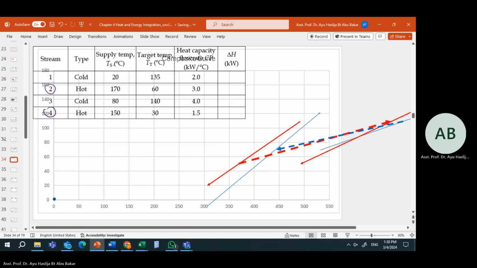Okay, now TS, TT. Now, focus on stream 4. T is 30. Temperature is 30.